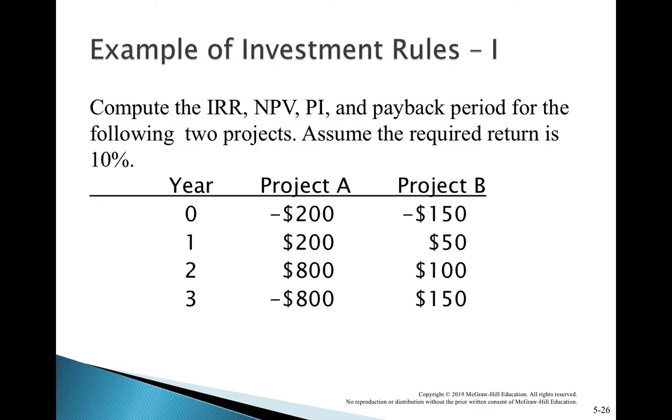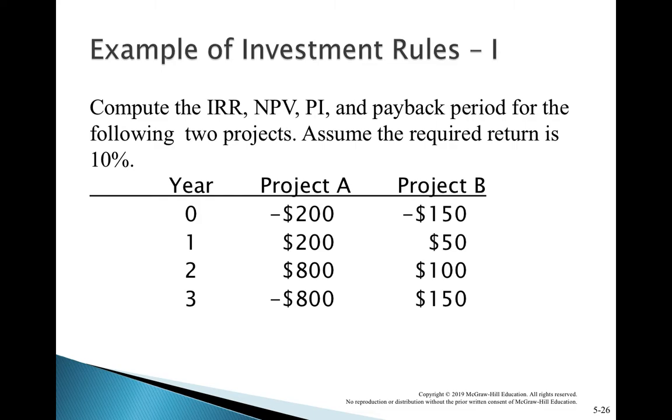Some examples are given here for your practice. Here, project A, project B. You tell me now which project will give multiple IRRs? Project A. Why? There is a cash outflow in the beginning. Again, in the third year, a cash outflow is there. A sign change is there in the future cash flows. Year 1, year 2 positive, year 3 negative.